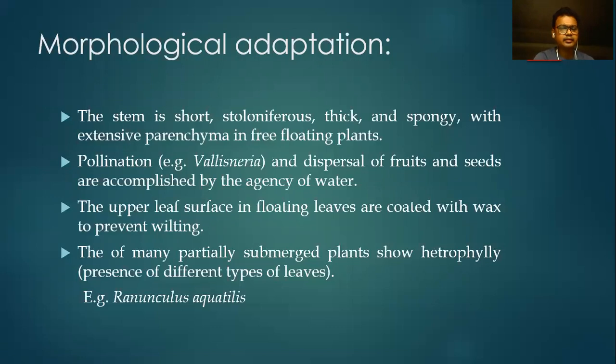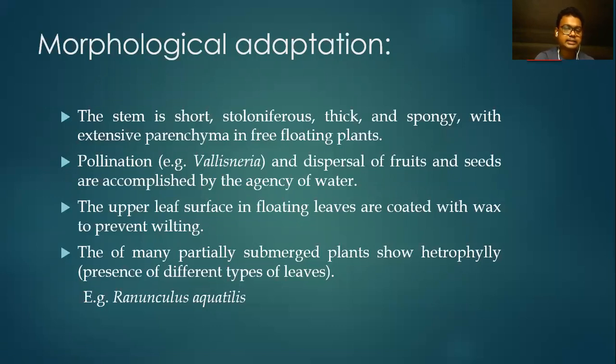Next are the partially submerged plants. Submerged means those present below the water body, and partially submerged plants are also present below the water body, but connect with the upper surface of the water body.